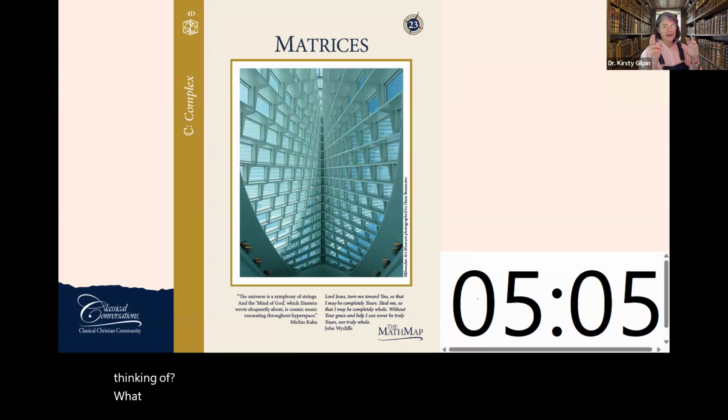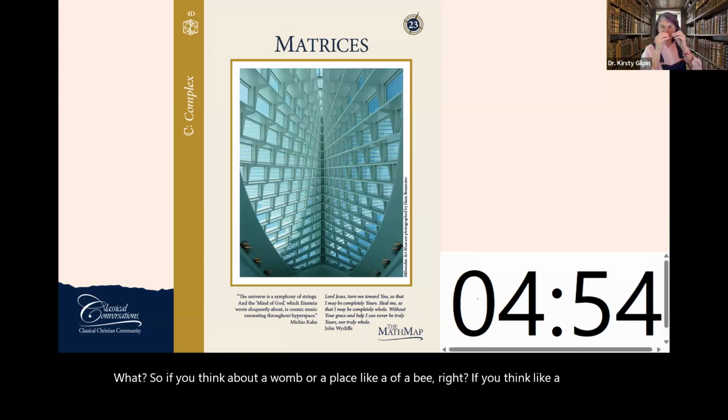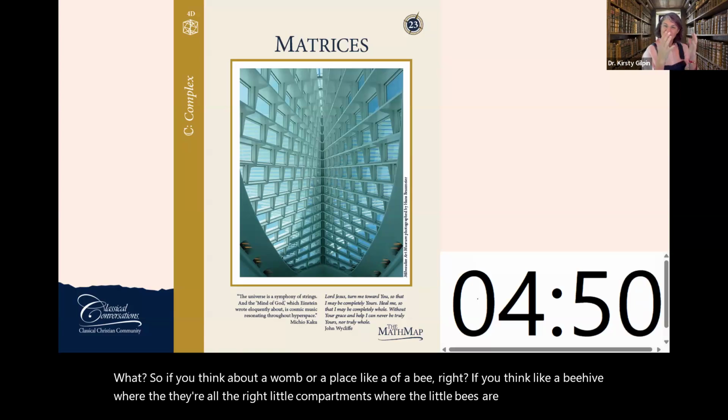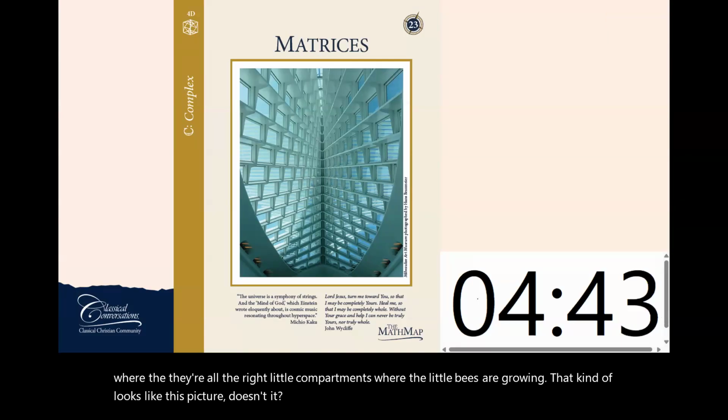If you think about a womb, or a nursery of a bee, like a beehive where all the little compartments are where the little bees are growing, that kind of looks like this picture, doesn't it? Yeah, it really does.